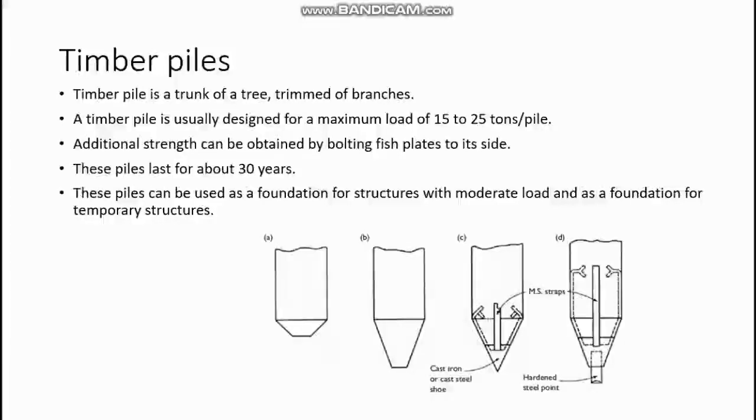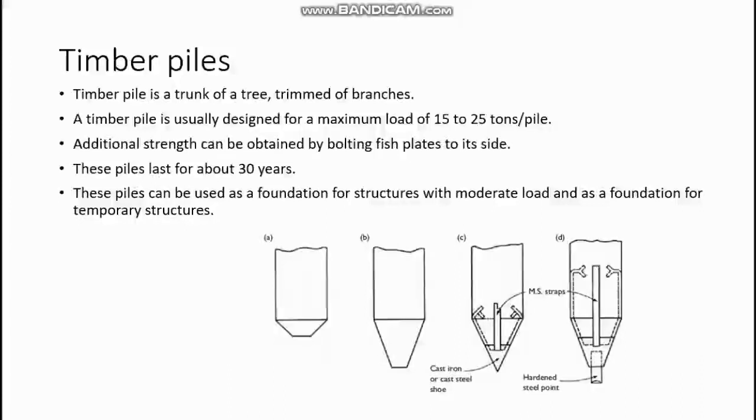These piles last for over 30 years. They have been used in historical buildings, etc. These piles can be used as a foundation for structures with moderate load and as a foundation for temporary structures. The cost per running length of these piles is very low as compared to the previous ones. Hence, these piles are economical.